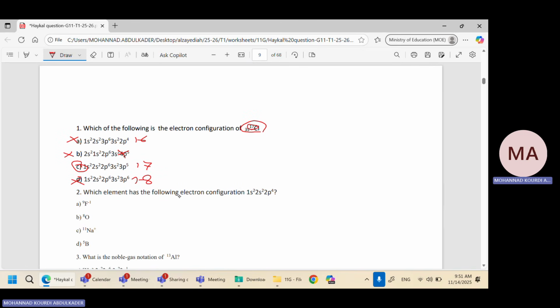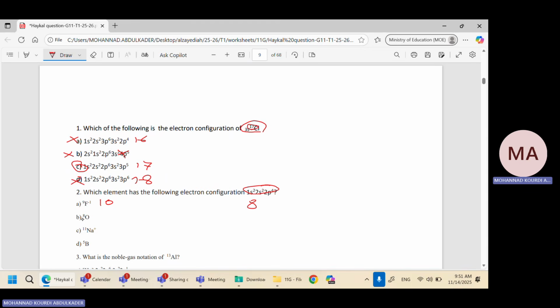Which element has the following electron configuration? 1s2, 2s2, 2p4. So the total is 8 electrons. So I have to find the element with 8 electrons. If you get fluorine, it's 9, and the negative charge here corresponds to 1 electron. So 9 plus 1 is 10.